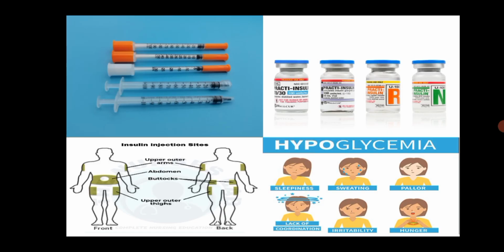Now, as you give rapid acting insulin, there are some nursing considerations you must always put in place. Ensure the patient is ready to eat as you are administering. So the food should be ready, and then you administer. Then monitor for hypoglycemia.